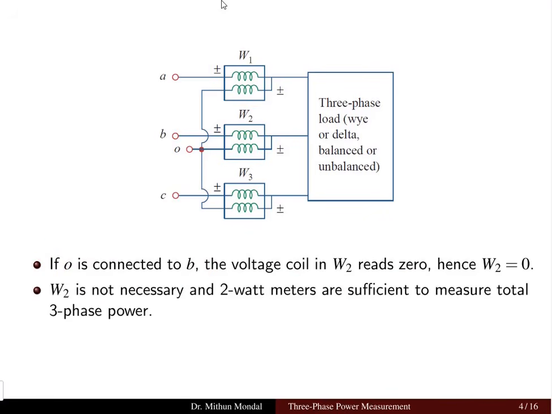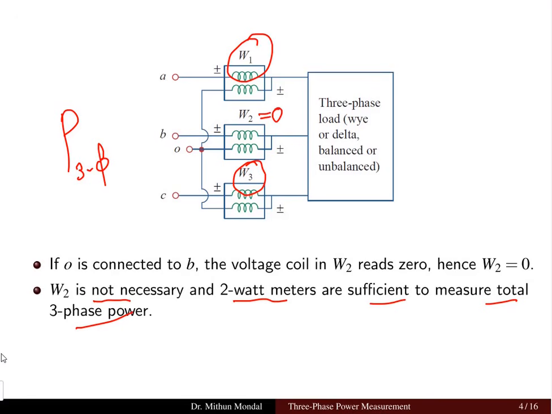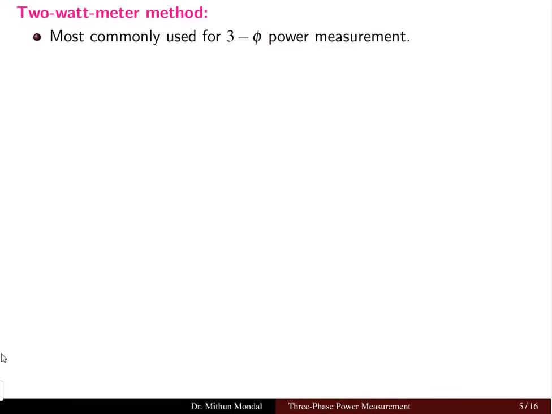So W2 being the wattmeter giving the 0 reading, it is not necessary, and 2 wattmeters are sufficient to measure the total 3-phase power. It means W1 and W3 will be used to measure the total power, that is the average power in the 3-phase network, where W2 is basically showing 0 reading because we have connected the A with O. So the 2 wattmeter method is commonly used for 3-phase power measurement.